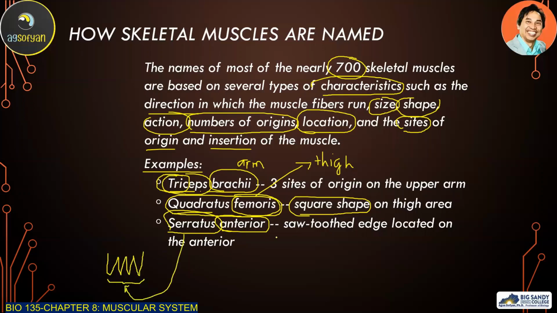So serratus anterior is a saw-toothed edge muscle located in the anterior part of our body. This is in the front of our body under our chest area. We're going to see these muscles later. So these are examples of how muscles are given names based on their characteristics, location, origin, and other things.